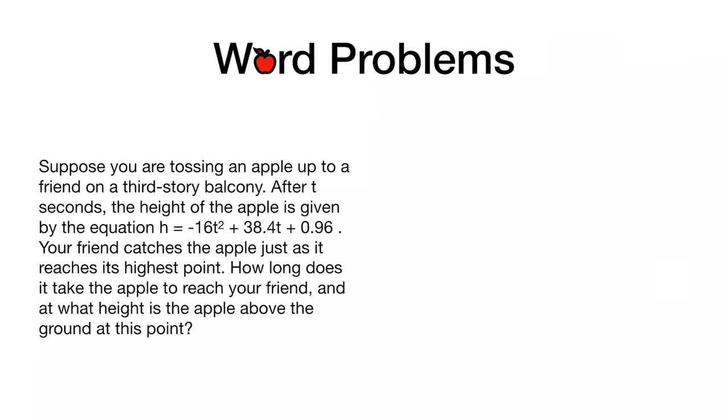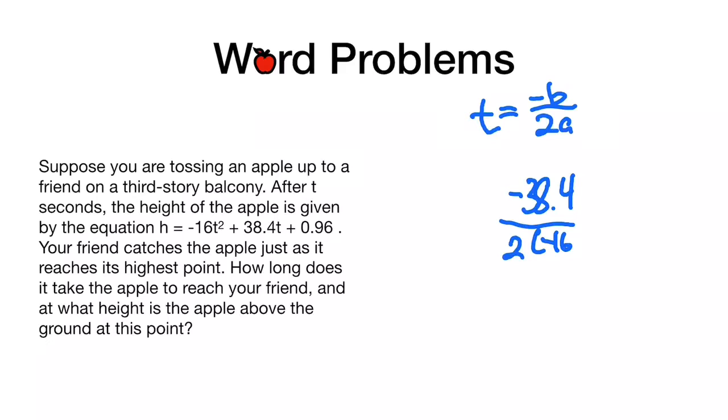So the first thing that we need to do is realize that t is the equivalent to x and h is the equivalent to y. At which point that means t would equal -b over 2a, just like x does. So that means -38.4 over 2 times -16.